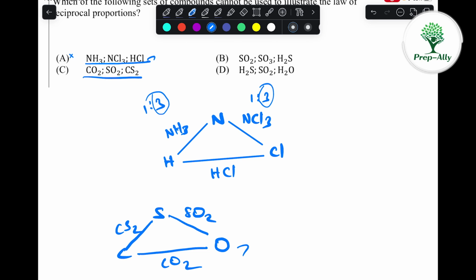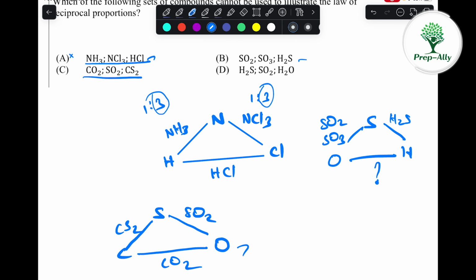And option B, I have S, H, and O. If I take S and O, it is given as 2 compounds here itself, and S and H, H2S, but there is no compound given for O and H bonding.